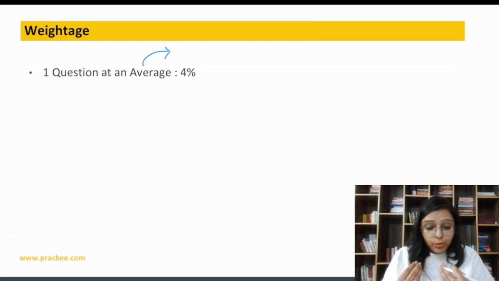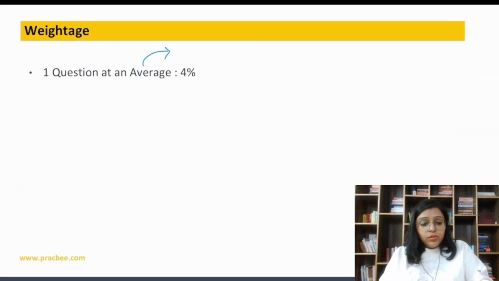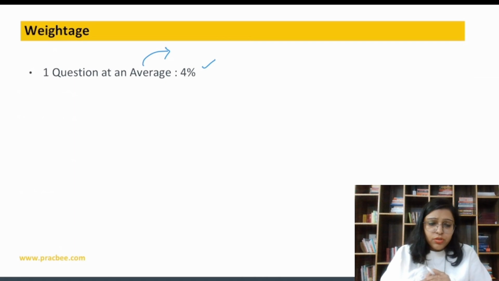You have to learn and revise all chapters of chemistry. You cannot say, let me do this chapter and I'm not going to read that chapter because it is not as per my interest, because you will get questions somehow. So you should revise all chapters of chemistry. So this is around 4%, we can say one question is going to come.